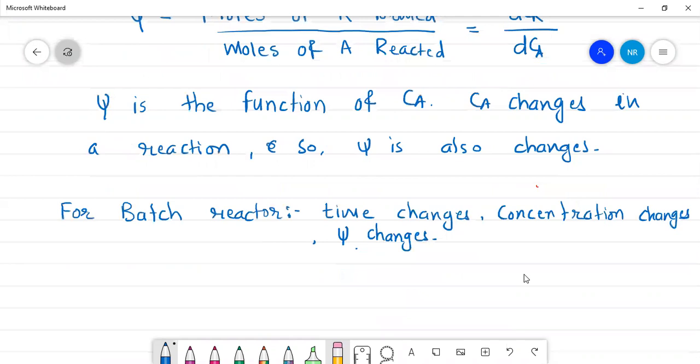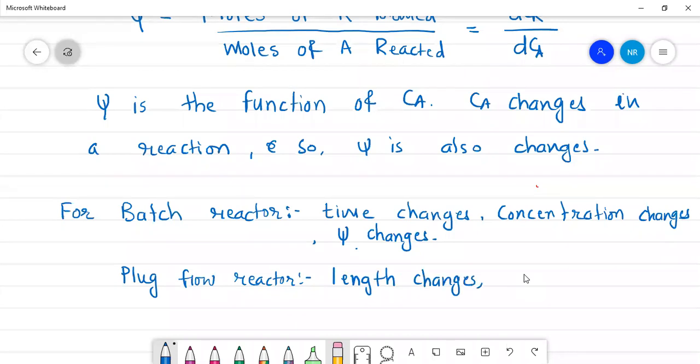Okay, for a plug flow reactor, the length changes, which means the concentration changes, which means the size changes.